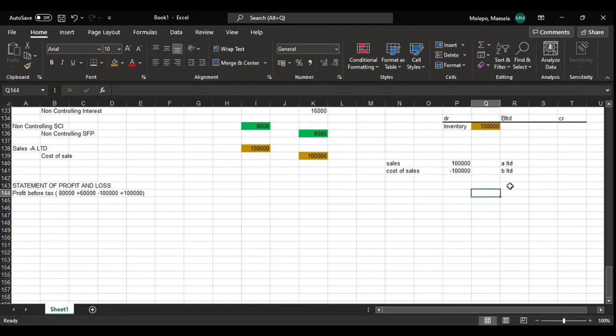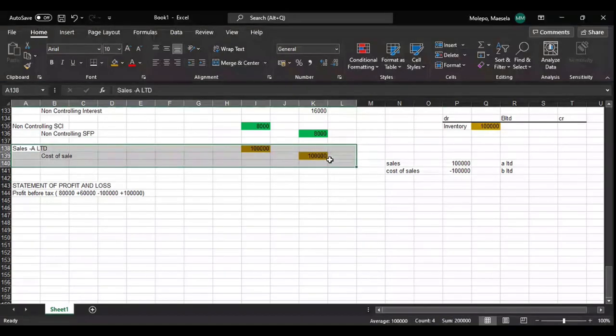So since this is the elimination, you are eliminating this. The 100,000 for sales, you have to subtract. The 100,000 for cost of sale, now you have to add, so that this can be nil. When you add this plus this, it will be 0, because you are following this journal.